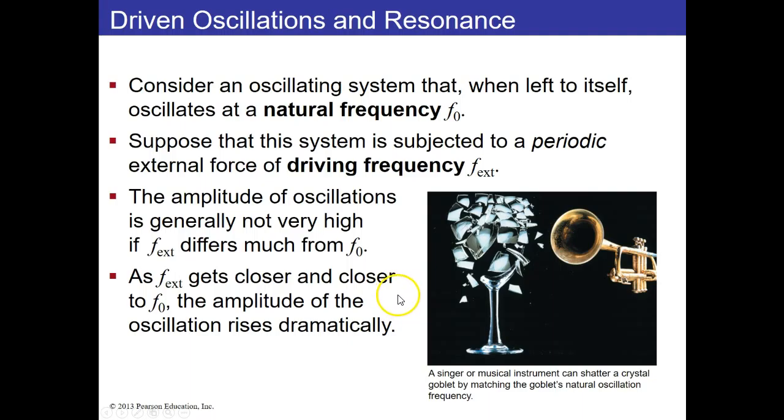Driven oscillations and resonance. If I have an oscillating system that when I leave it to itself, oscillates at its natural frequency, and I subject this system to a periodic external force, we call that a driving frequency. So a singer or a musical instrument can actually shatter a goblet or any other glass instrument by finding its natural oscillation frequency and using that driving frequency to make it vibrate until it is done.